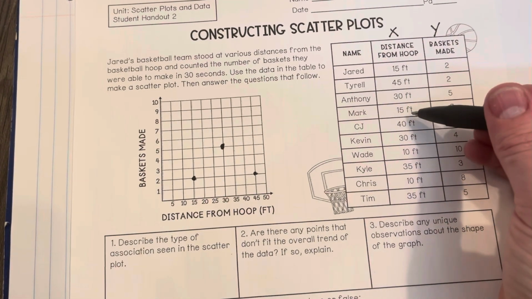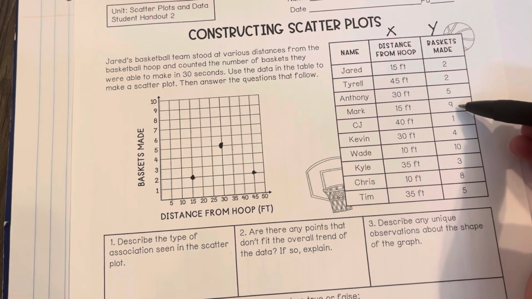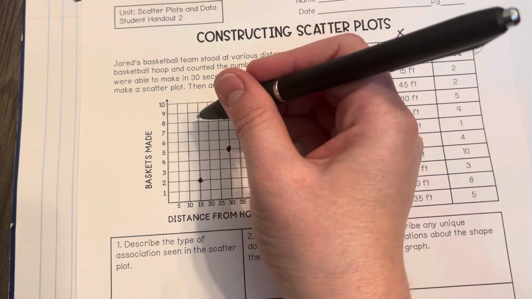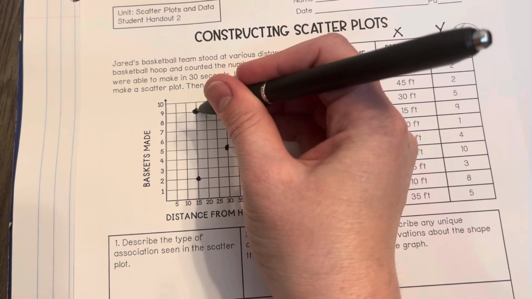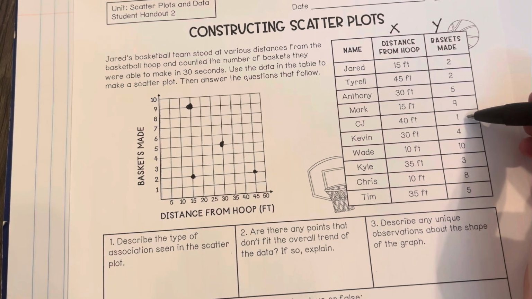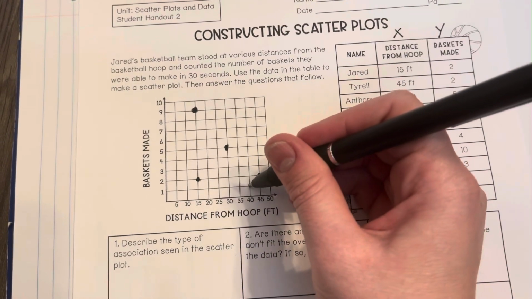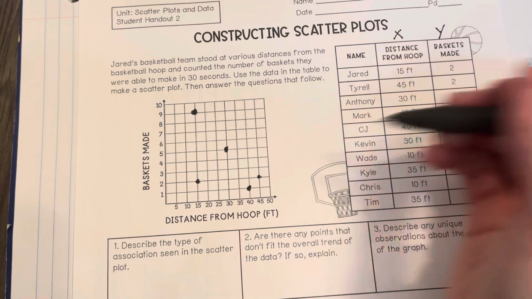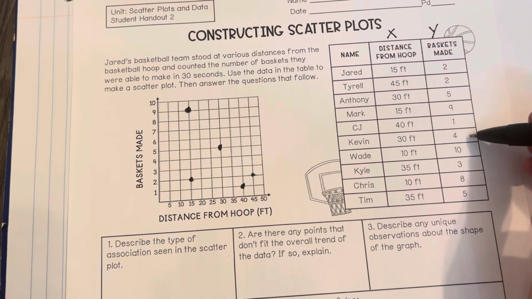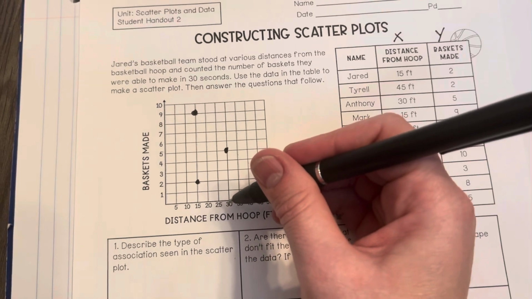The next person was 15 feet away and made 9 baskets. The next person was 40 feet away and made 1 basket. The next person was 30 feet away and made 4 baskets.